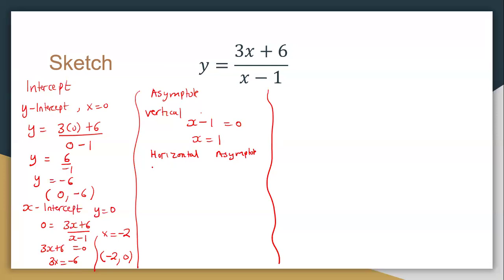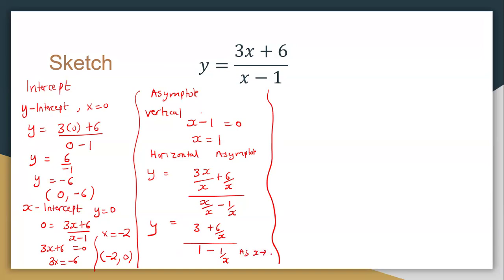We can divide through everywhere by x, or we can just take the leading term and divide it. x over x. So we have 3 plus 6 over x. So where we have x, we put infinity.